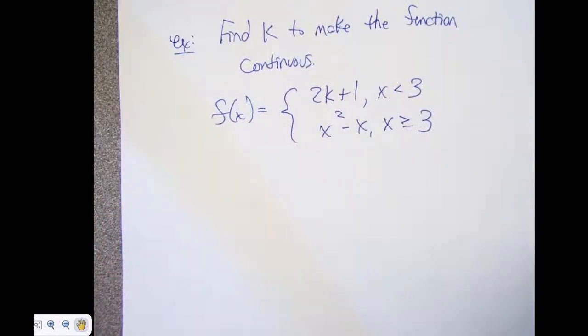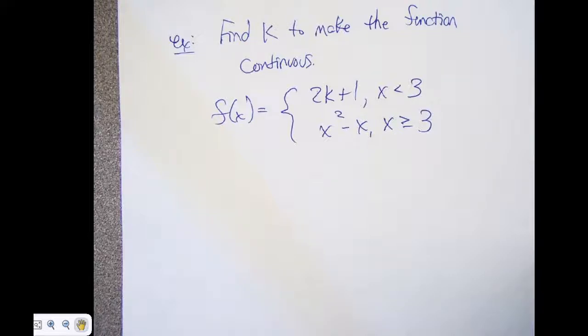So remember, if it's continuous, what has to be true about the 2 rows? They have to meet, they have to come together. Isn't that just a non-mathematical way of saying they have to equal each other? They have to meet, they have to be equal, right?